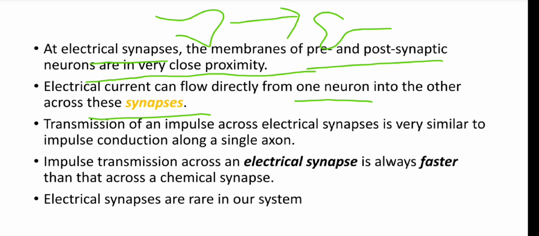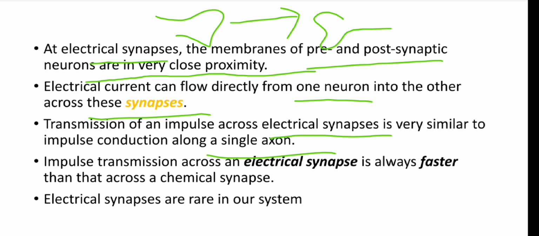The transmission of the impulse across electrical synapses is very similar to the impulse conduction along a single axon, because of the similar electrical current flow.